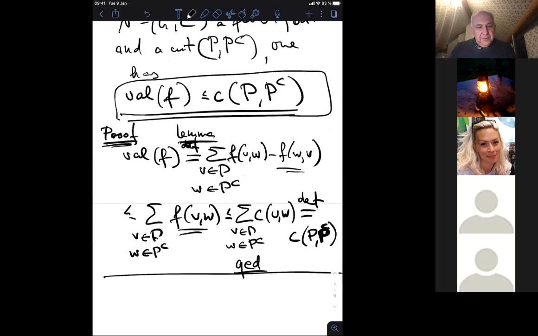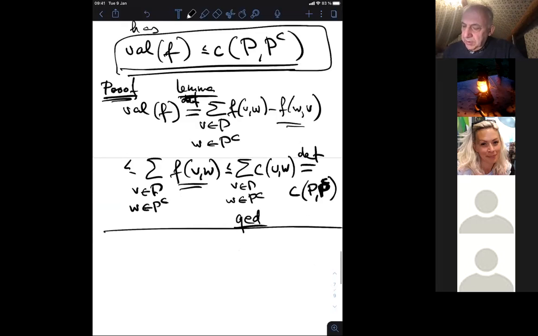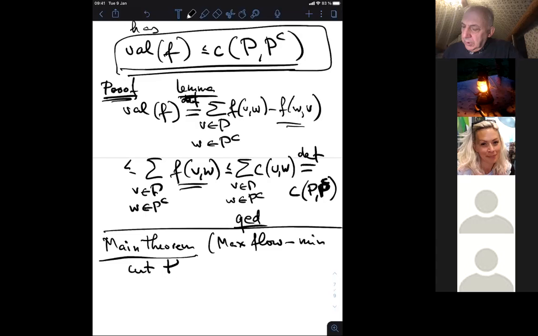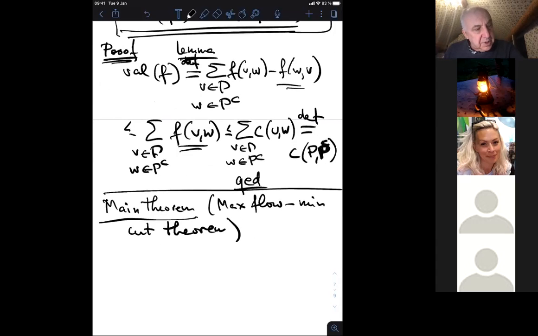And now we're ready to formulate our main result for today, and I'll be making a break after that. So, the main theorem, which is due to two Americans, Ford and Fulkerson: the max flow min cut theorem. I guess you can guess what it says.